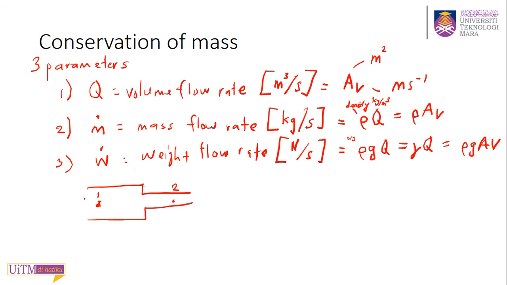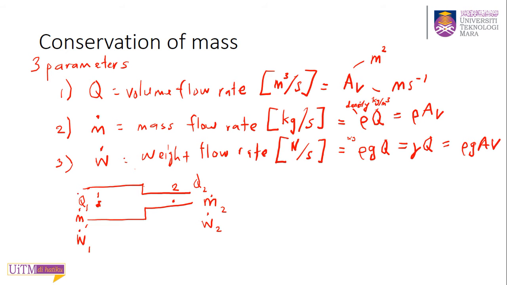As per the principle of continuity, all these parameters will be the same at point 1 and point 2, whether it is volume flow rate, Q1 equal to Q2, or mass flow rate, m dot 1 equal to m dot 2, or weight flow rate, w dot 1 and w dot 2. So that's the principle of continuity.